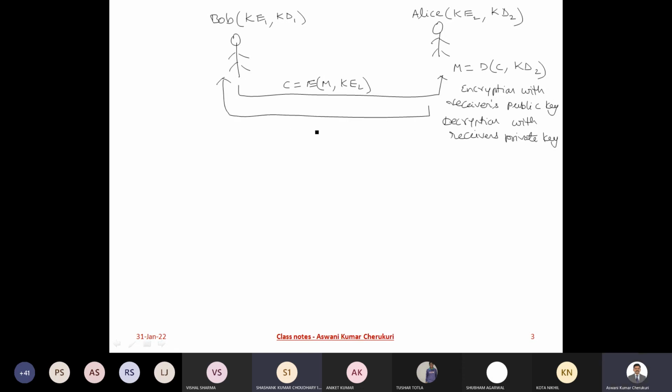Similarly, imagine Alice is sending a message to Bob. C1 is equal to E of M1, the message, then which key?